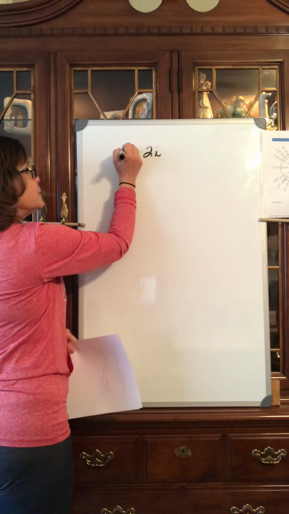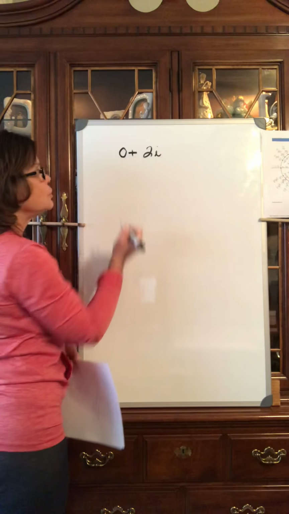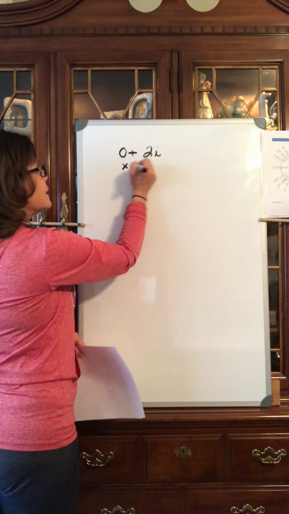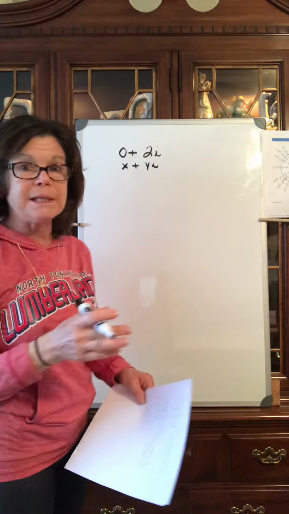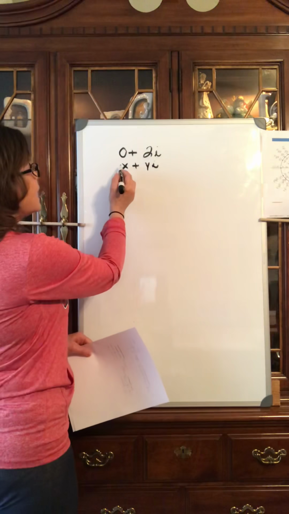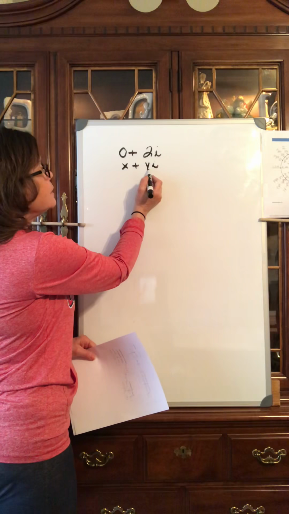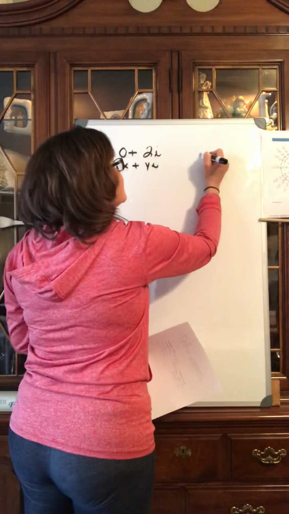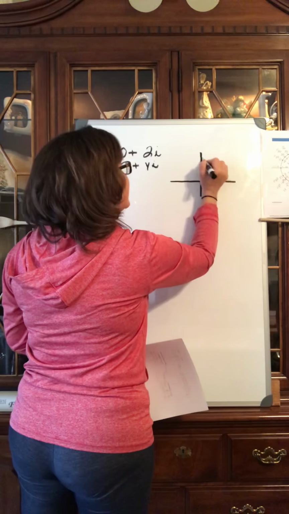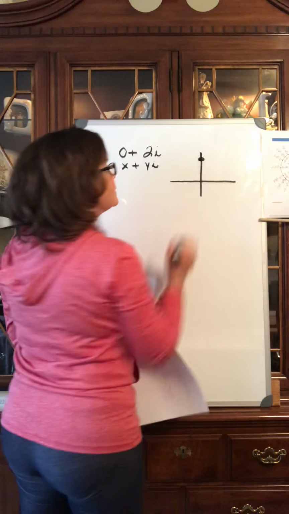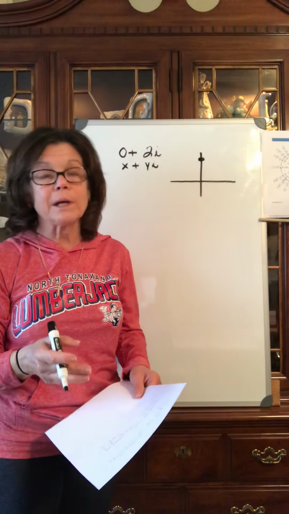So this is 0 plus 2i, x plus yi, or a plus bi. So our x value is 0 and our y value is positive 2. So that would put this on the y-axis. So it's not in one of the quadrants.